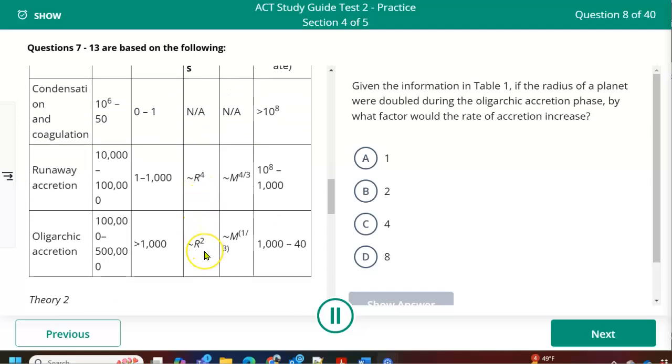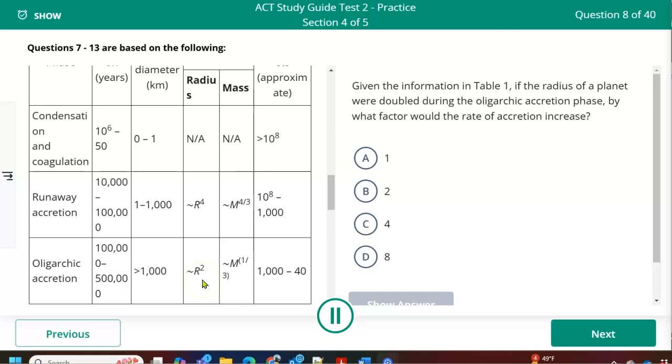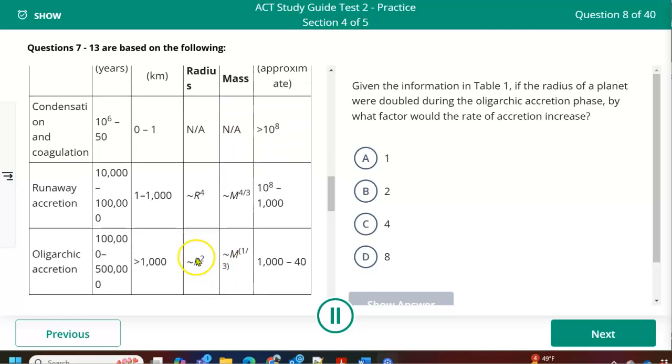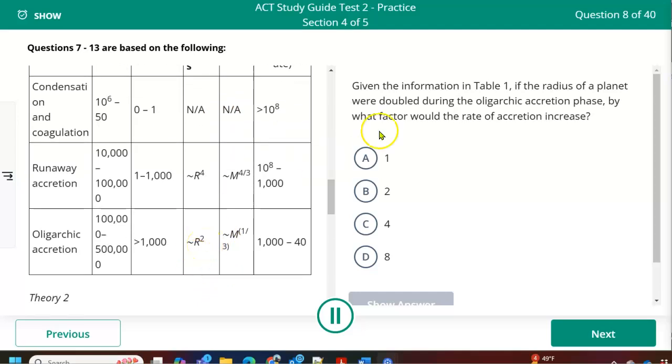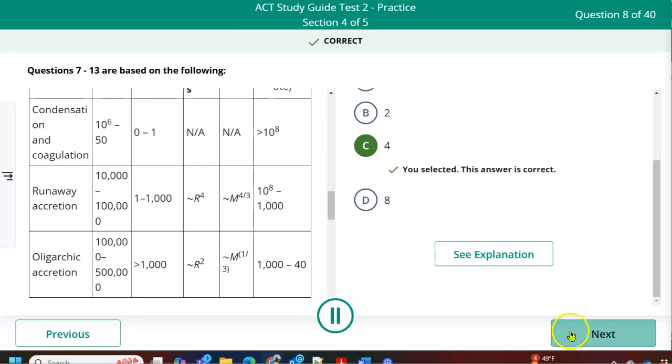In the oligarchic accretion phase, the rate of accretion is relative to the radius squared. So if you double the radius, that would be a factor of 2. Then 2 squared is 4. And that's the factor by which the rate of accretion would increase. Okay.